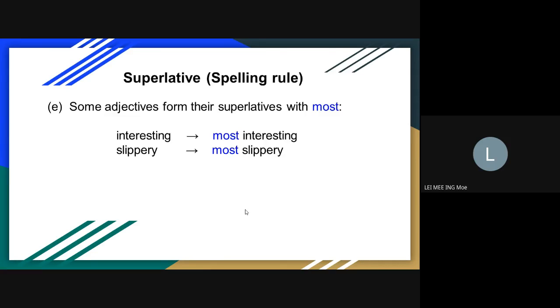The third rule, when your adjective ends with an E, you plus st. Rule number 4, when your adjective ends with a Y, you drop the Y, you plus IEST. And rule number 5, you use most. Right? So clear?